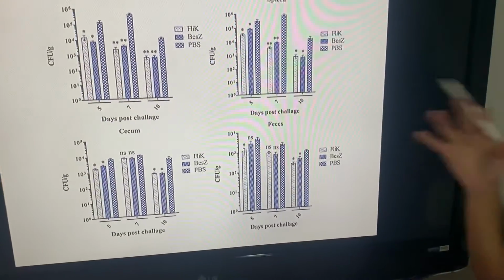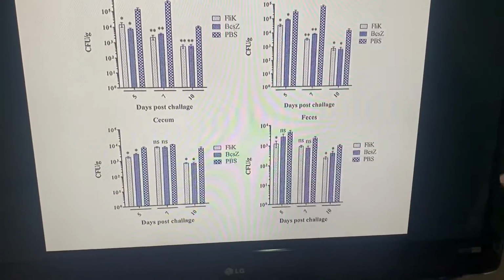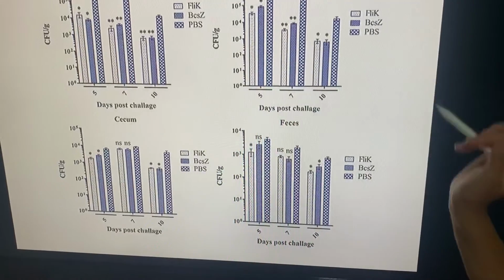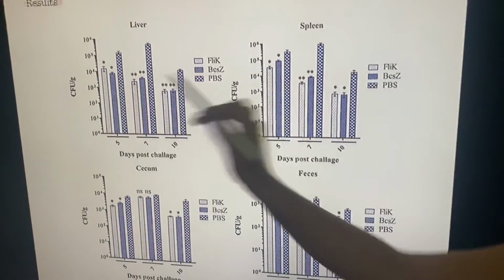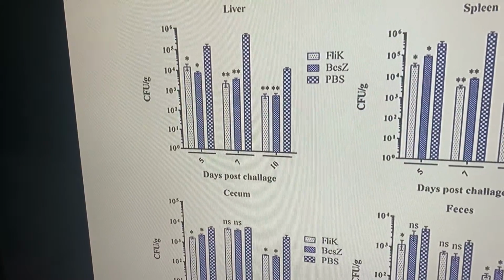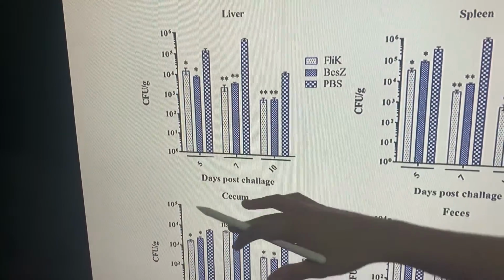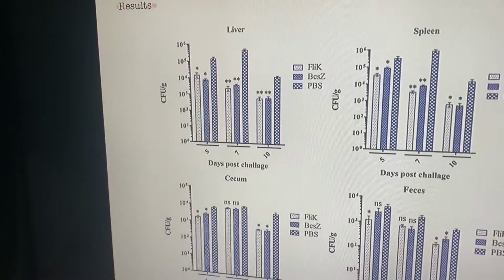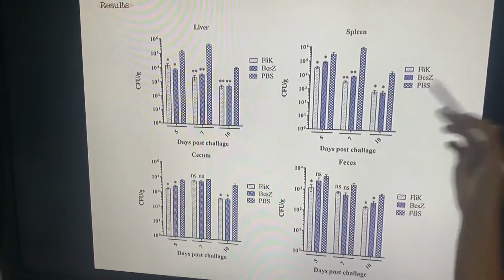By looking at it, we can say that the least protective vaccine was the PBS. Why? Because the CFU per gram, which means the colony forming units per gram, was the greatest. So it means that there were more bacteria while we used the PBS.